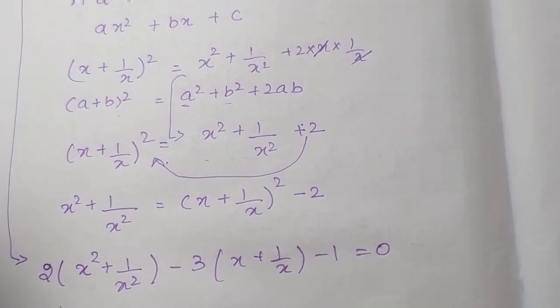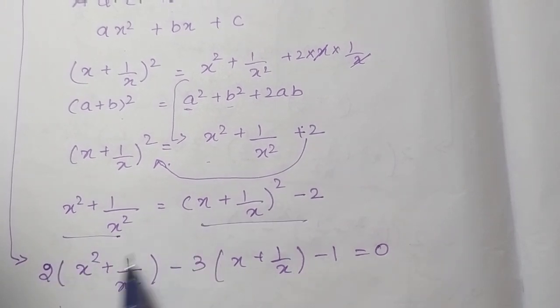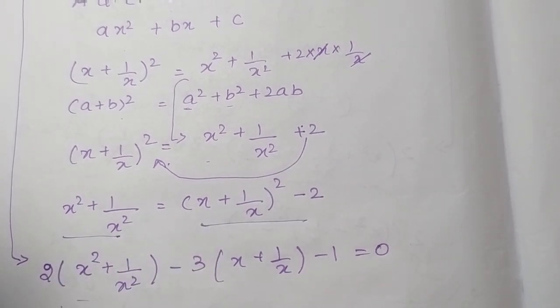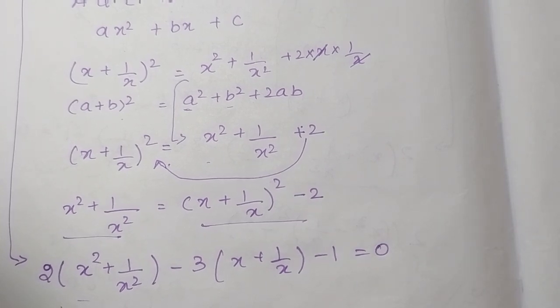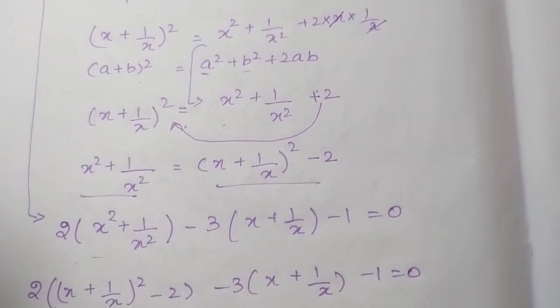This is the actual equation which was given in the question. So I am going to substitute this in the place of this. Therefore, (x plus 1 by x) the whole square minus 2, minus 3 (x plus 1 by x) minus 1 is equal to 0.